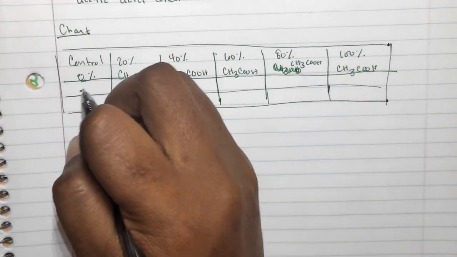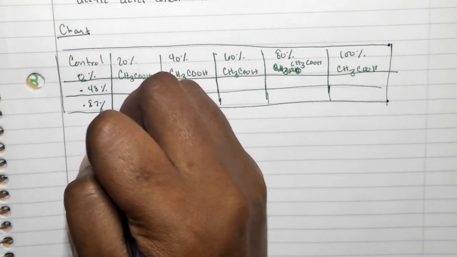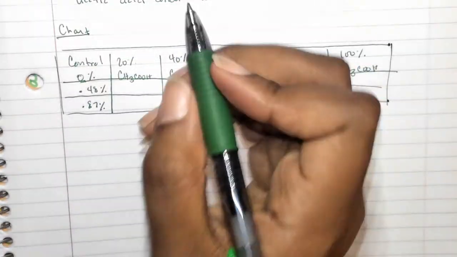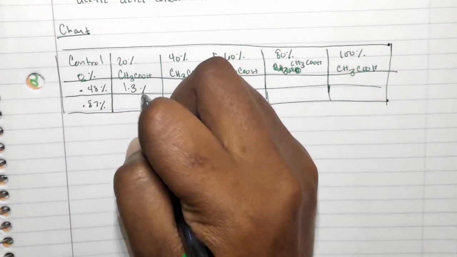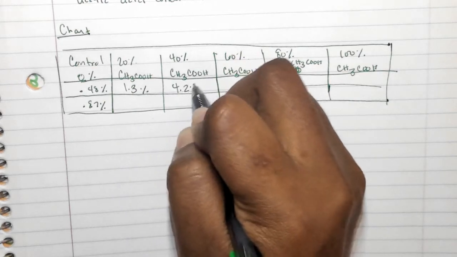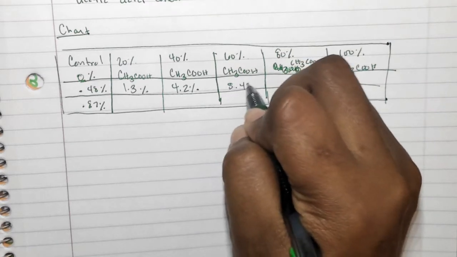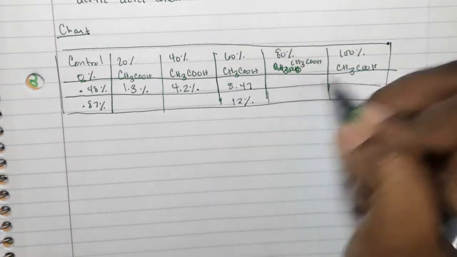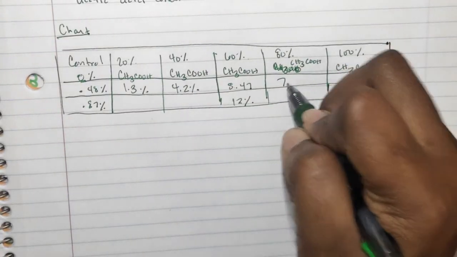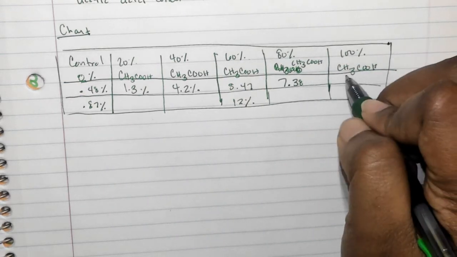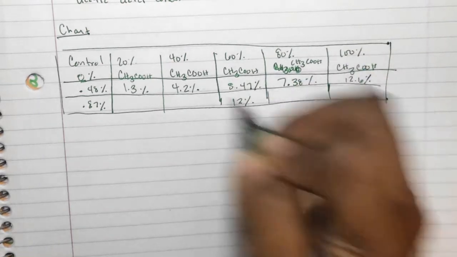So your percent change here, 0.48, and then another person had 0.87. And this one was 1.3, 4.2, 5.47, and somebody else had 12. 7.38. And last person at 12.6. All right.